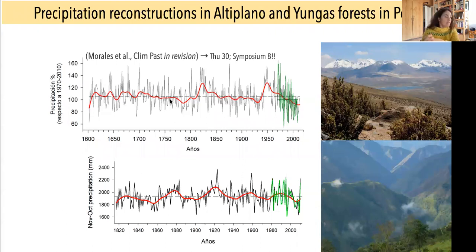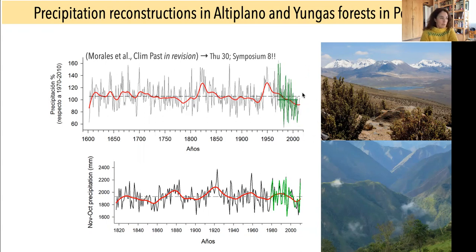Mariano Morales also developed a new precipitation reconstruction for the Altiplano of Peru with another species, Polylepis tarapacana, and he will be presenting this work tomorrow, Thursday, in symposium number 8, so don't miss it. The reconstruction covers the last 400 years and also showed a steady drop in precipitation in the last decades.